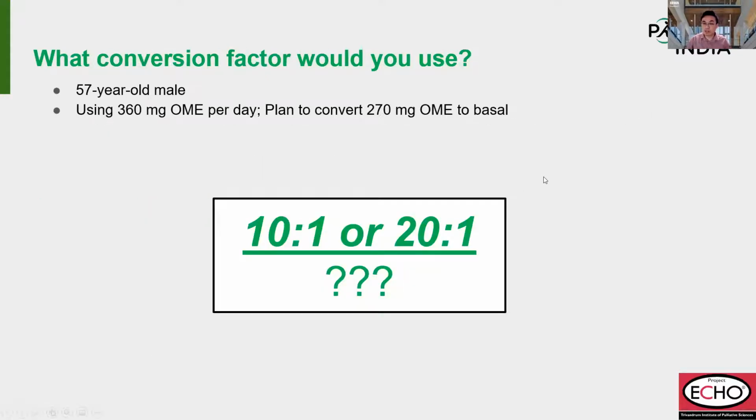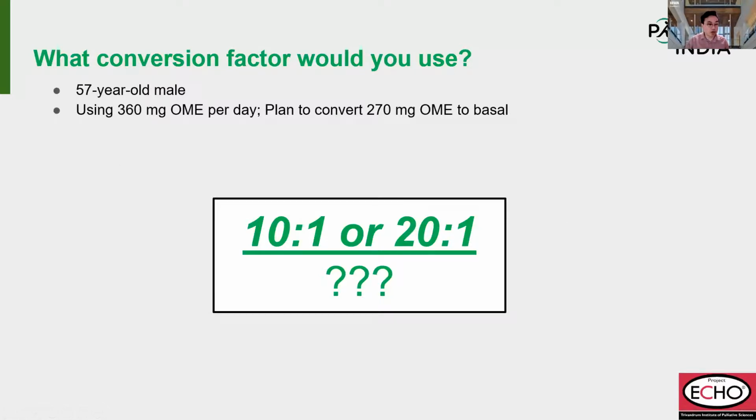So based on this case, what conversion ratio would everyone want to use? It's a 57-year-old male, and he's using 360 milligrams OME, and we're planning to convert 270 OME to basal. 10:1. That is a good point because the patient is 57 years old.